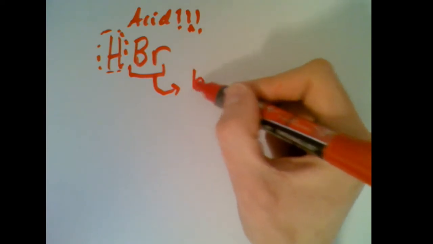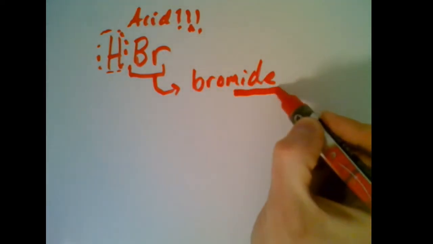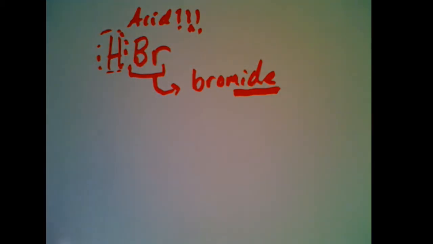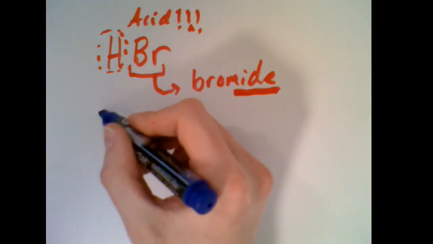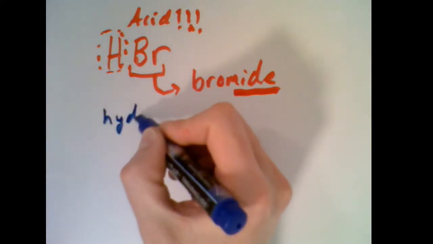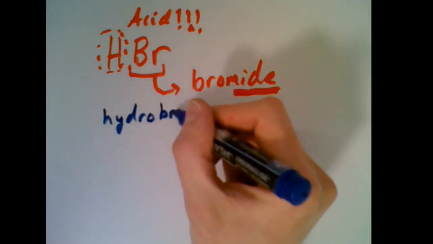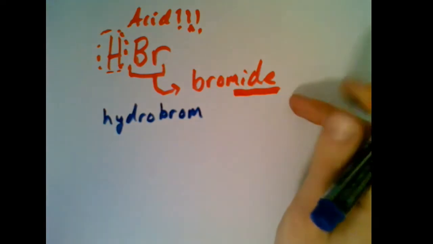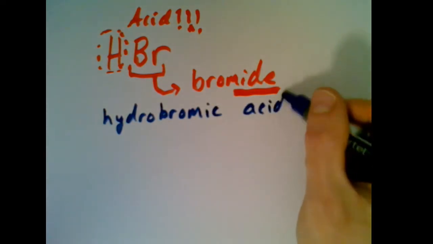Well, Br is called bromide. And here's our key: the ending of the negative part is IDE. So we need to follow the rules that we learned, and we're going to add the prefix hydro. We're going to keep the main part of the name, brom. We're going to change the ending to ic and add the word acid.